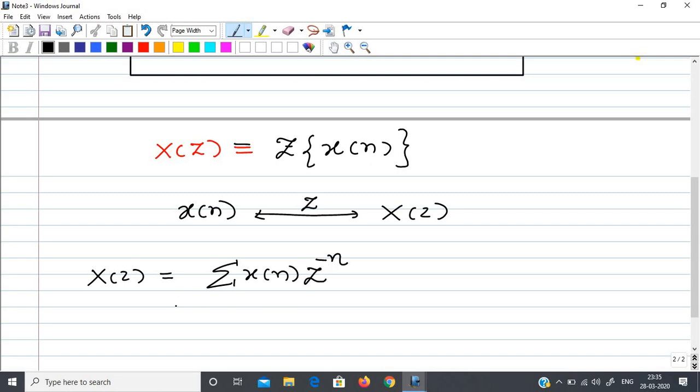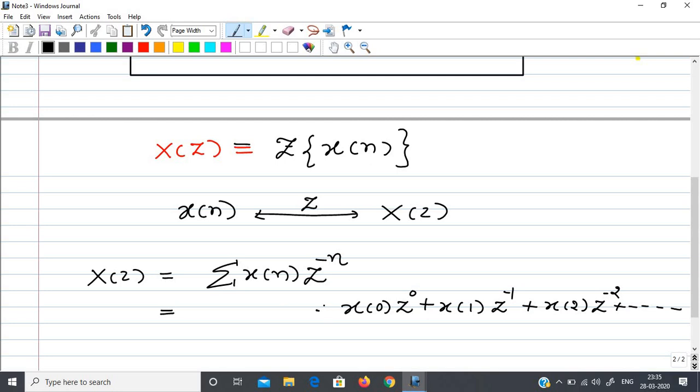Now if you expand this summation, you can very easily notice that the summation is nothing but x of 0 z to the power 0, plus x of 1 z to the power minus 1, plus x of 2 z to the power minus 2, and so on, if you expand it in the right direction.